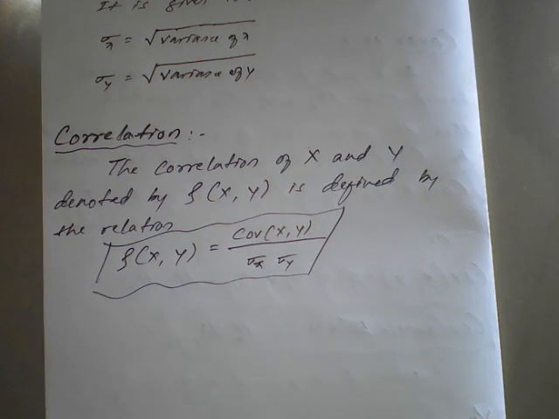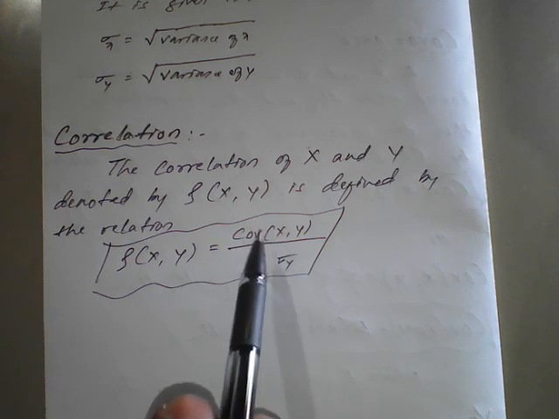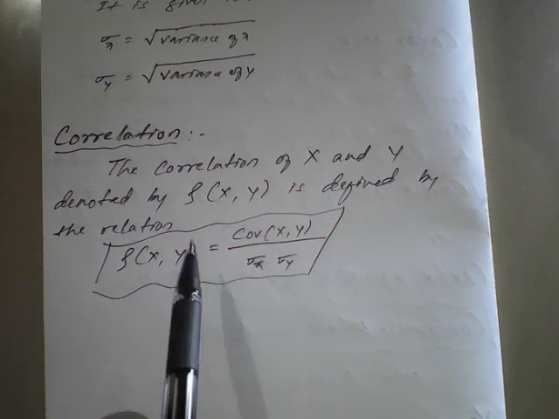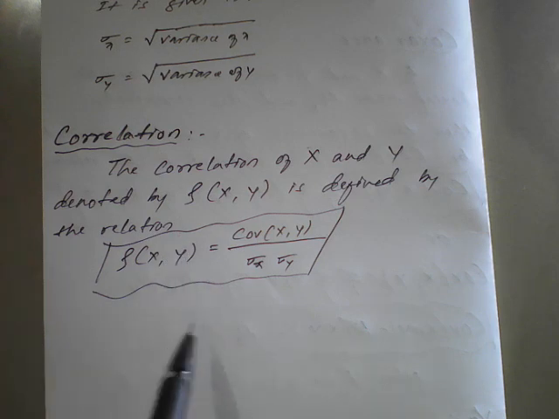So here the example is very important. They will ask: find the correlation between x and y for the given data. To find the correlation we need the covariance. To find the covariance we need the expectations. To find the expectation we need mu. So all formulas are very important.